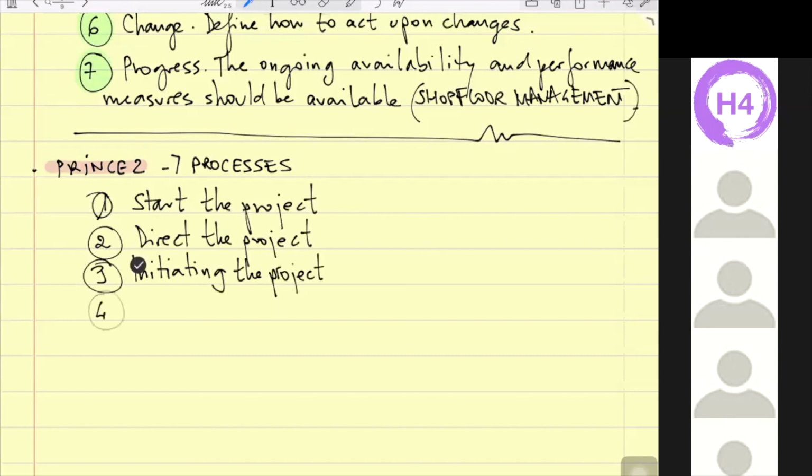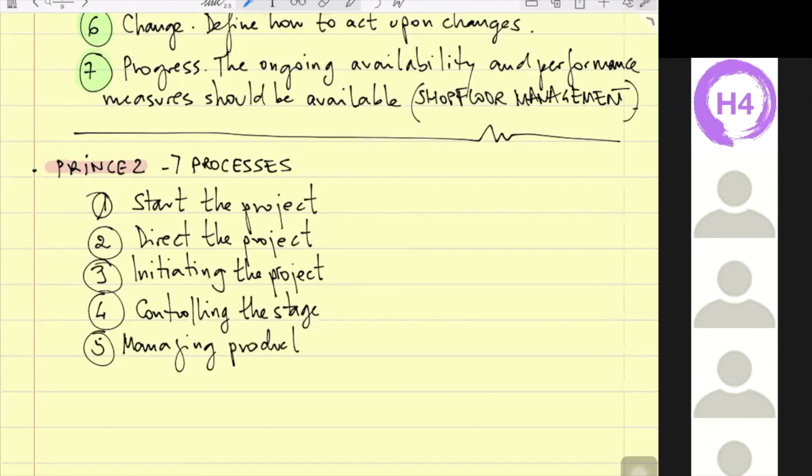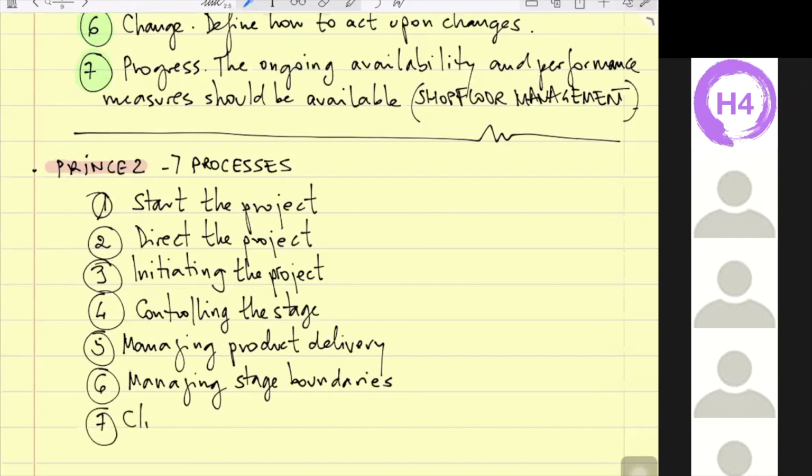Number 4, controlling a stage. Number 5, managing product delivery. Number 6, manage stage boundaries. And number 7, close the project.